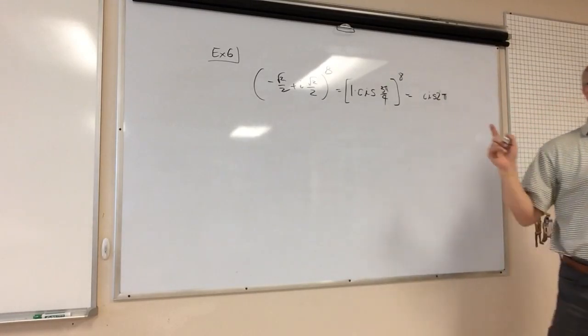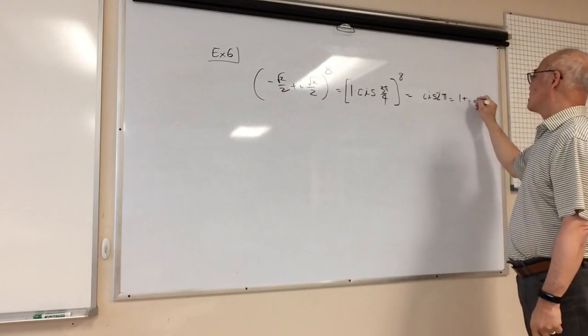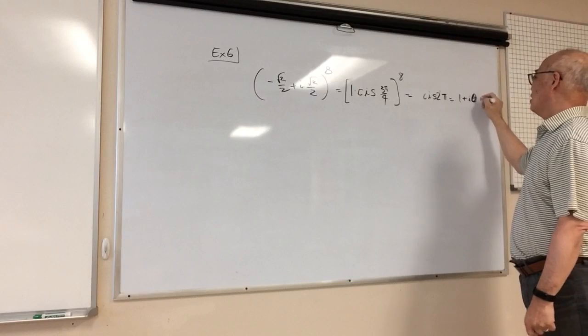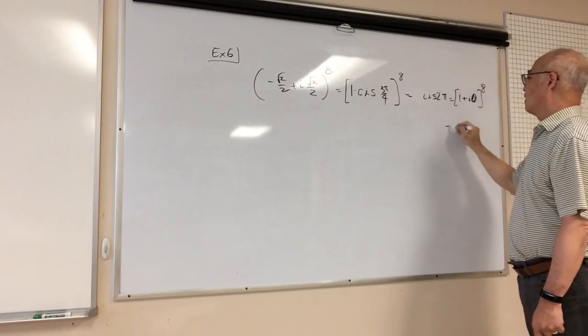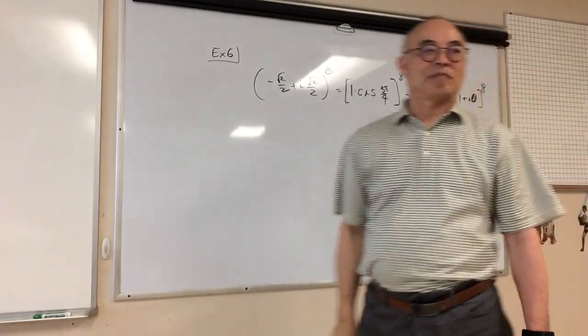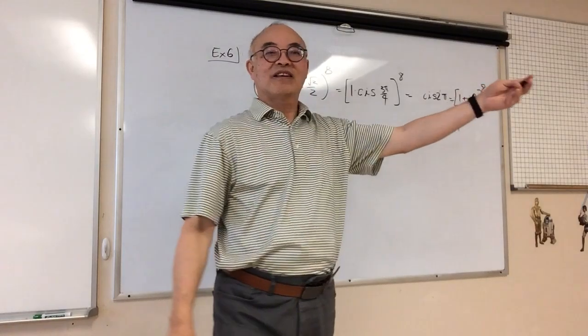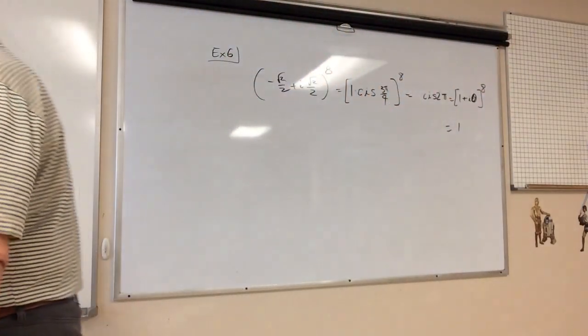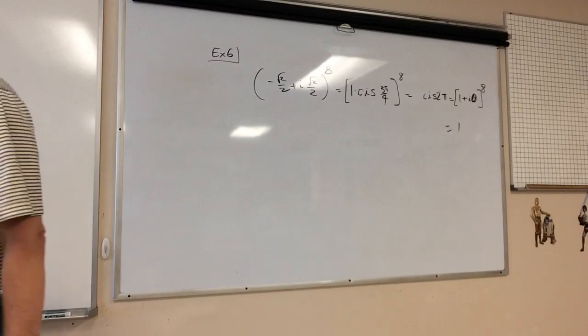Sine 2 pi is 0. So this becomes 1 plus i 0. It's 1. Again, how simple and beautiful is that? It's still fairly complex. Less complex. Okay, so that's example number 6.